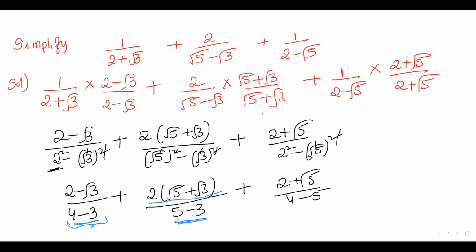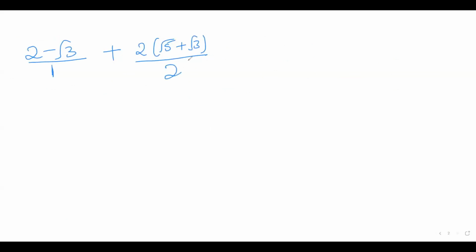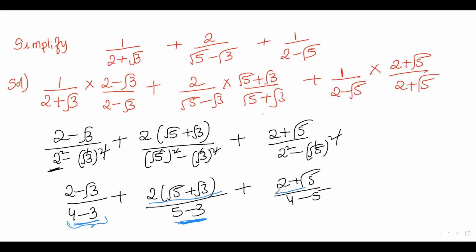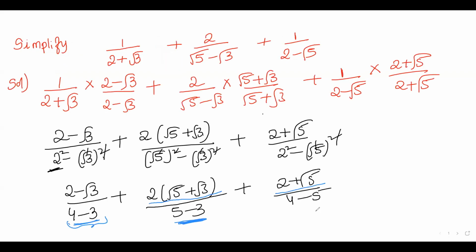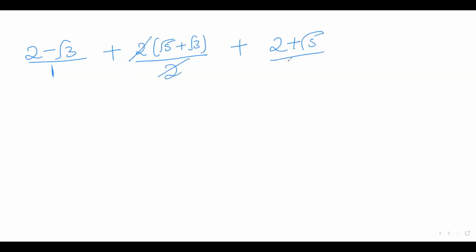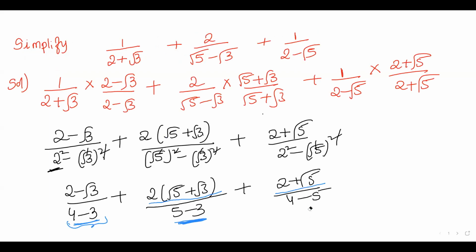On subtracting 5 minus 3, you will get 2. This 2 and 2 will get cancelled. Last term, 2 plus root 5 as it is. When you subtract 4 and 5, 4 minus 5, you will get minus 1. Got it?